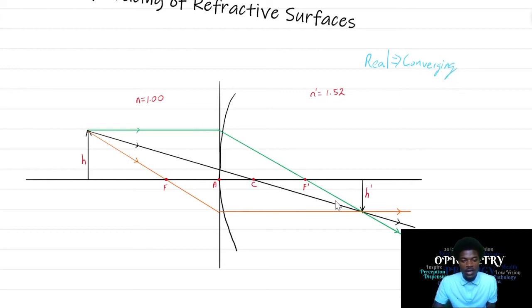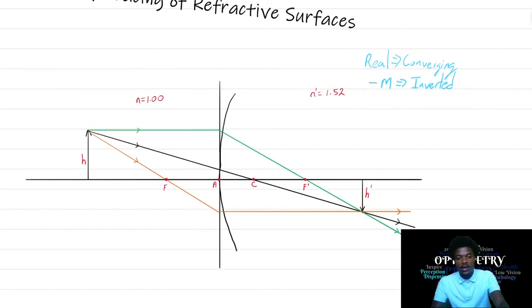Another thing that we would like to note here as well is that if we calculate the magnification of this system and the magnification is negative, that indicates to us that the image will be inverted, or the image is inverted. So when this image is inverted, the magnification should be negative. Once it's a convergent system, your image should be real, or will be real.